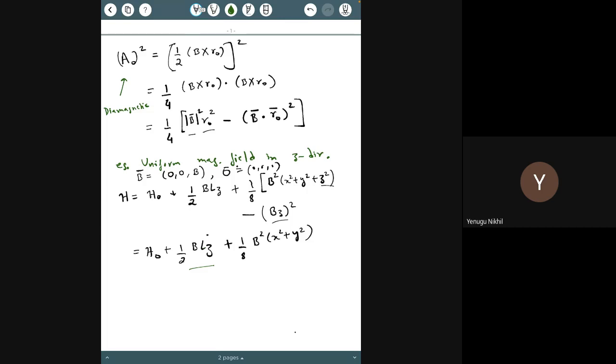Okay. Now the diamagnetic, this also splits energy levels. So like I said, if you have 3 occupied p orbitals in the ground state, then once you apply a field in the z direction, the 3 p orbitals will split.